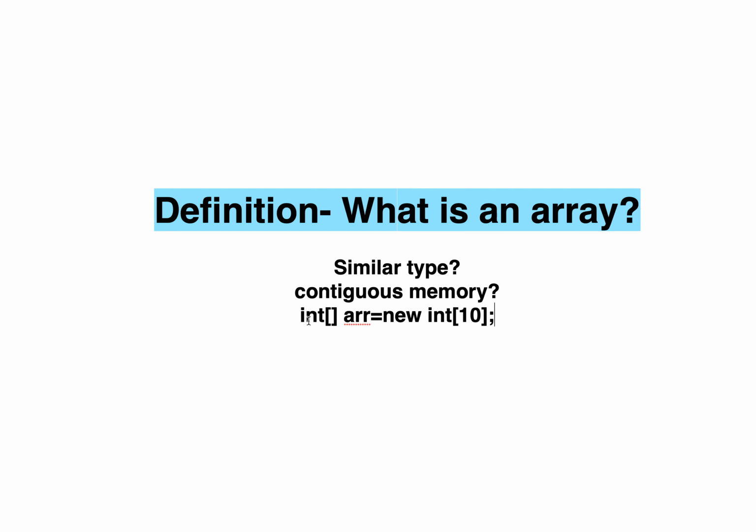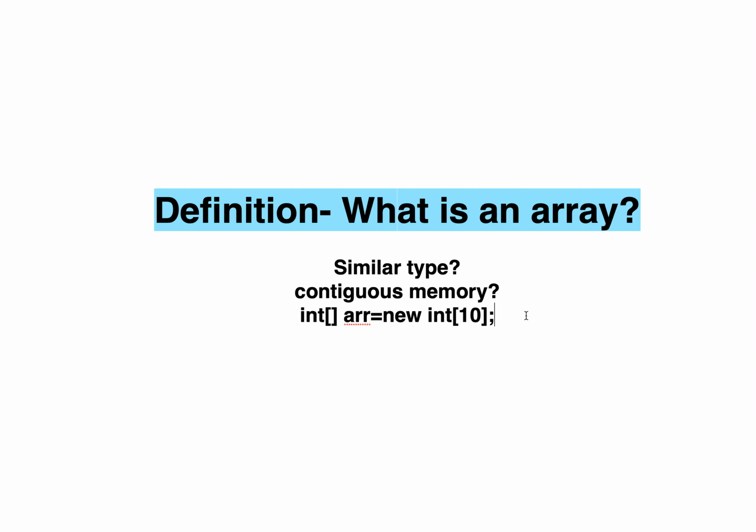I've declared an integer type array and it is a one-dimensional array and the name of the array is arr. Using the new keyword, I'm creating the object of this array and the size of the array is 10. So all the values that I will enter, like 10 values, will be stored with a common name that is arr.